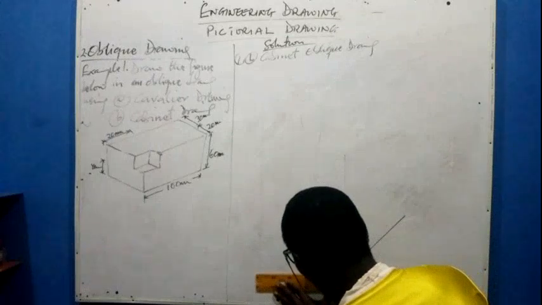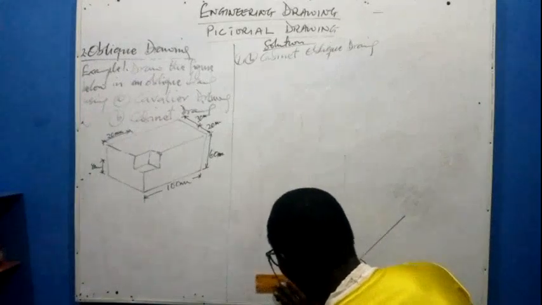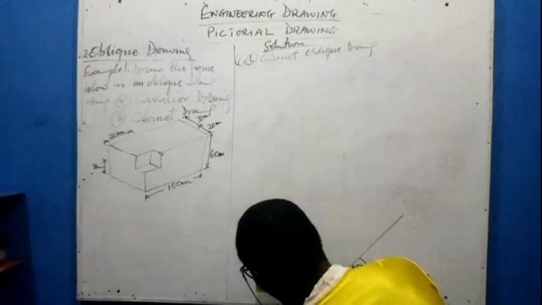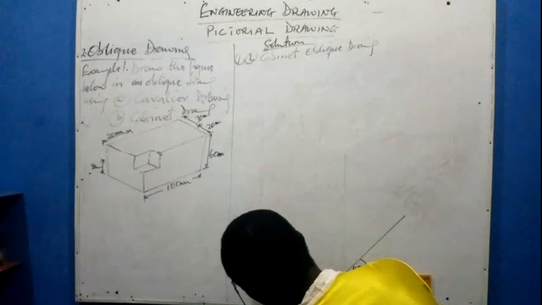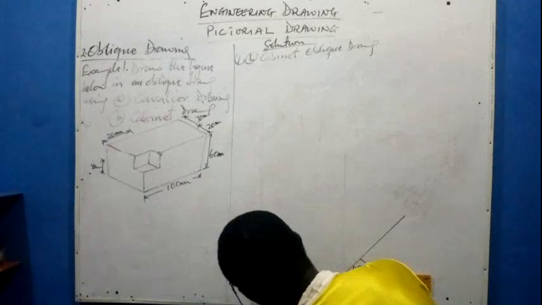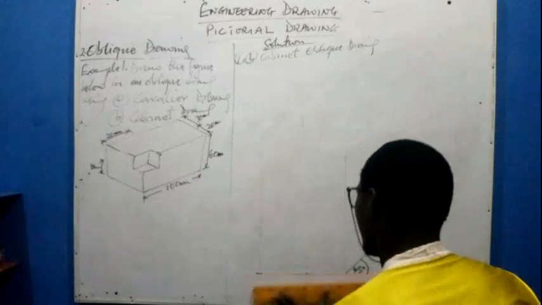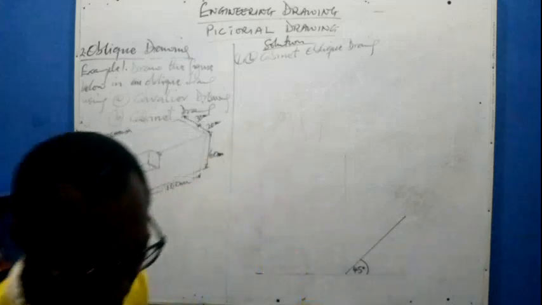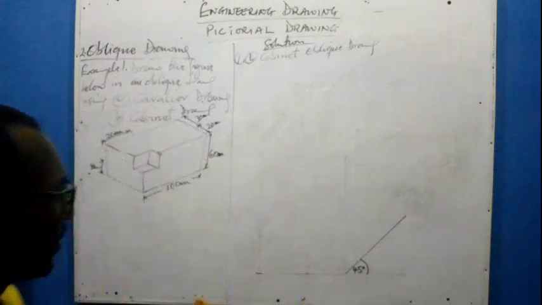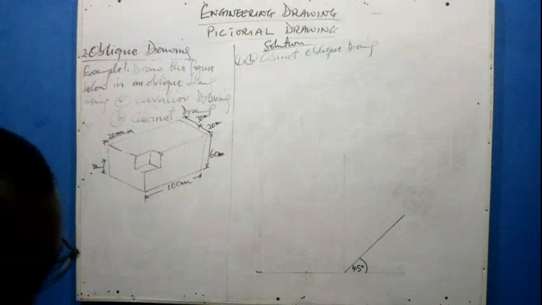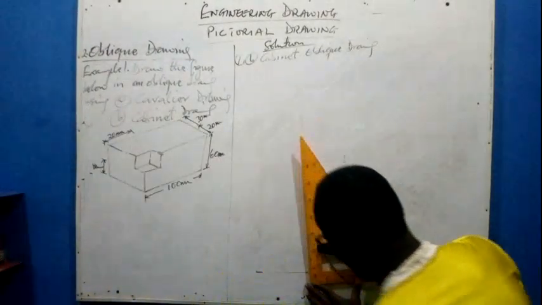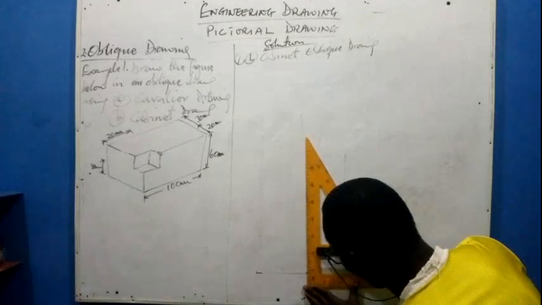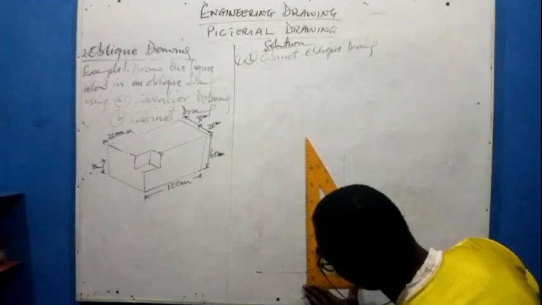And 20. And this is my 30. Then I'll draw a vertical line. This is my 20.